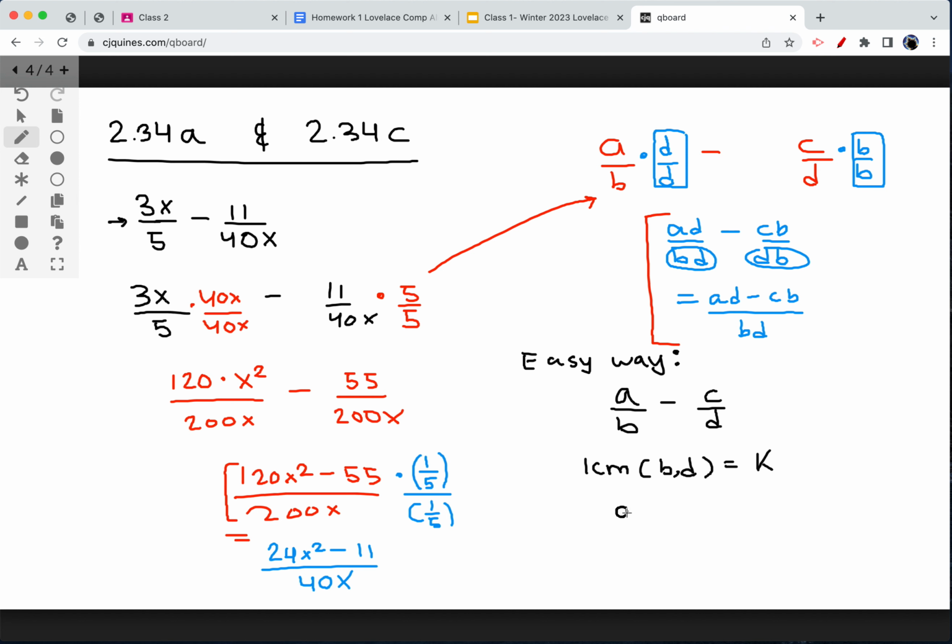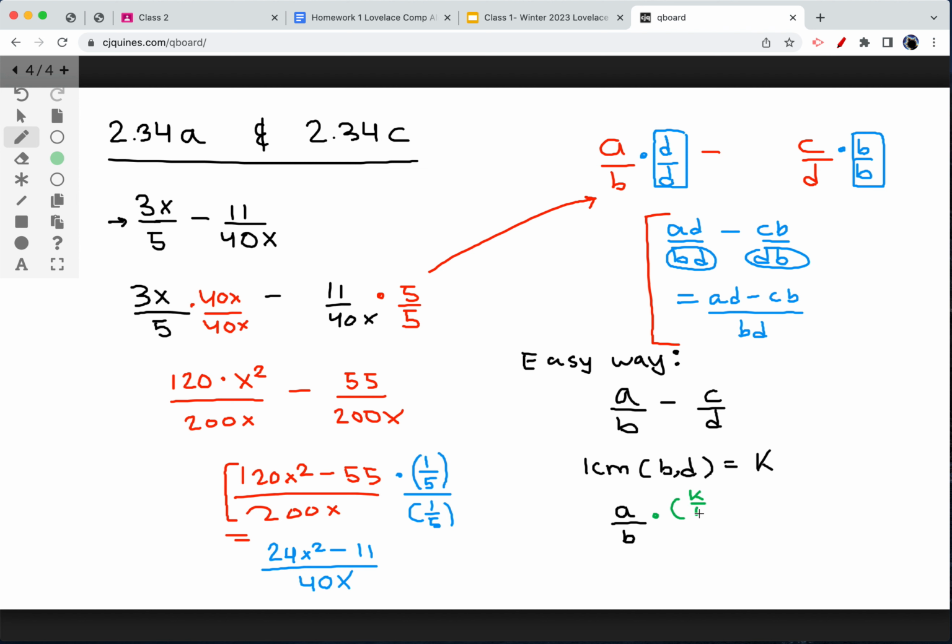So then what you do is multiply A over B times K over B on both the numerator and the denominator.